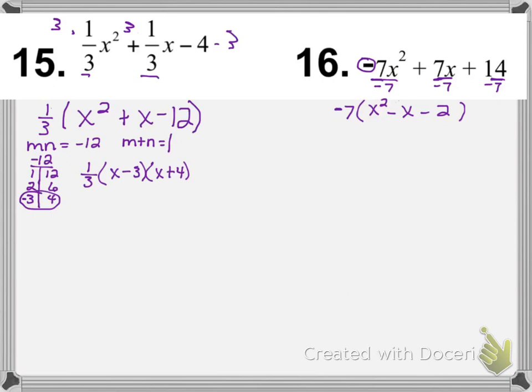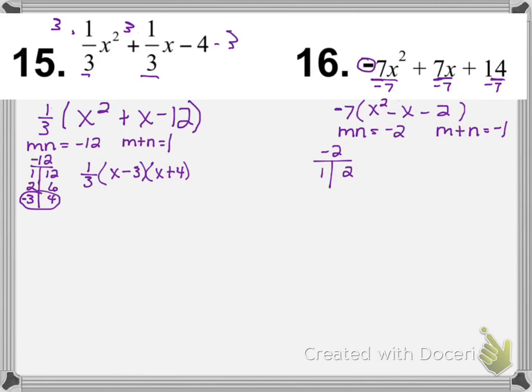So we're only going to factor whatever's inside the parentheses. So magic numbers multiplied equals negative 2, added equals negative 1. If we've got negative 2, the only factors that we have are 1 and 2. But if we subtract that, it equals 1.